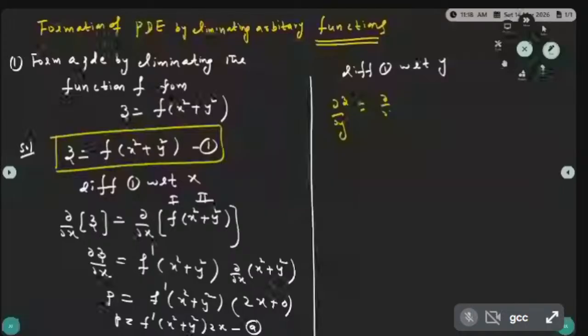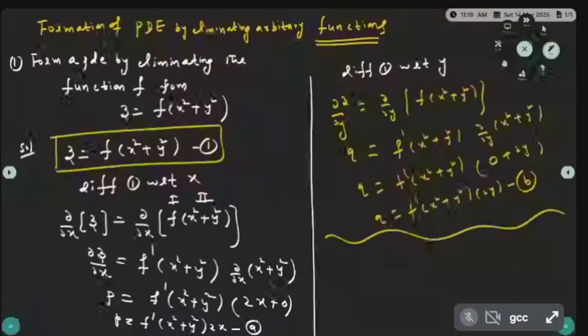Now, what is a by b? Now divide these two. In A, what is the LHS? In the first equation, what is the LHS? P. In B, what is the LHS? Q. What is the right side?